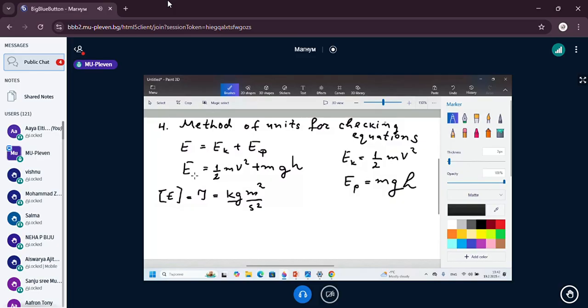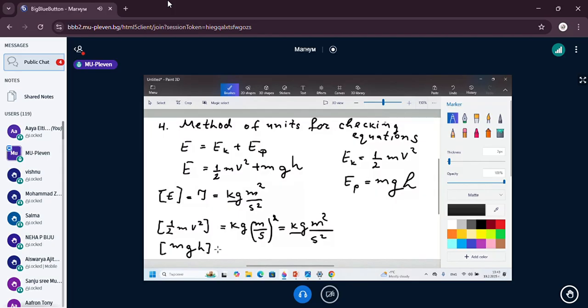This is the left-hand side unit of measure. Now the unit of the first term: half is a constant, which means dimensionless. Mass is measured in kilograms. Velocity is measured in meters per second, but squared, which gives kilogram meter squared per second squared. Same.